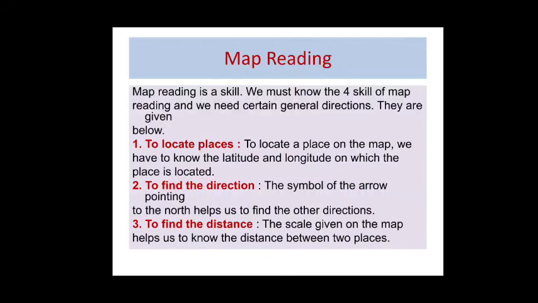The last one is to find the distance, how many kilometers. The scale given on the map helps us to know the distance between two places, east to west, south to north. Already I told you about the land and coastal lines, how many kilometers: 6,100 kilometers. What is the area of India? 32 lakh 87,263 square kilometers.